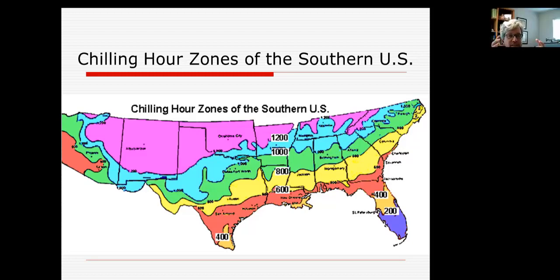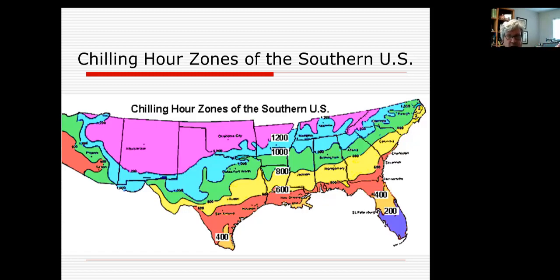Most seeds you buy, if they need chilling to germinate, have been pre-chilled. Same thing with bulbs. A lot of bulbs need that, that's vernalization, and we'll talk about that at the end of my next time with y'all.